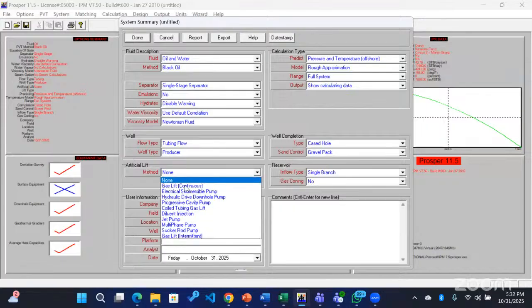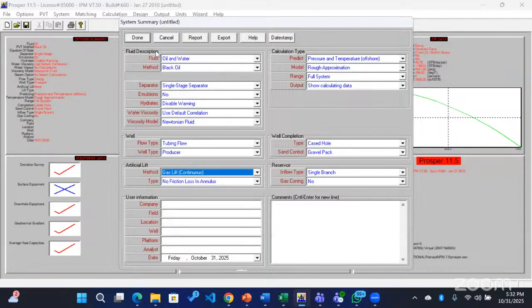I said we have ESP, which is electrical submersible pump. We have hydraulic drive, jet pump, diluent injection, multi-phase, sucker rod pump. You can also model that using Prosper. Then you can do gas lift intermittent, but I will choose gas lift continuous. Then I will click done.